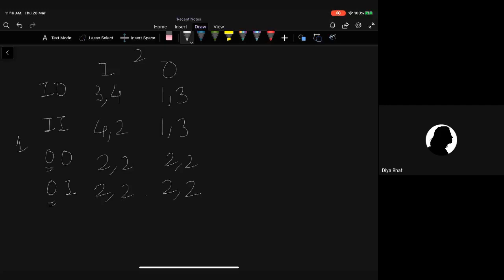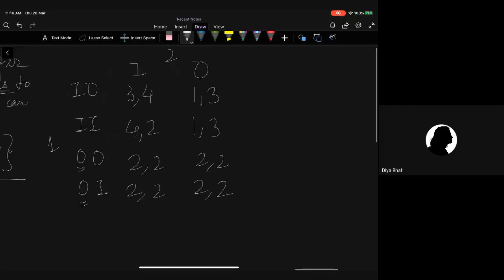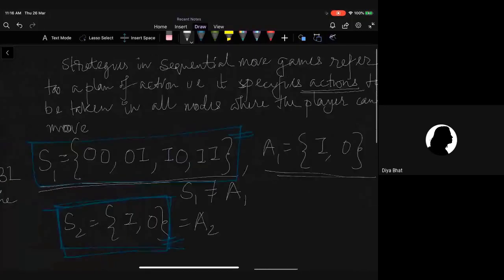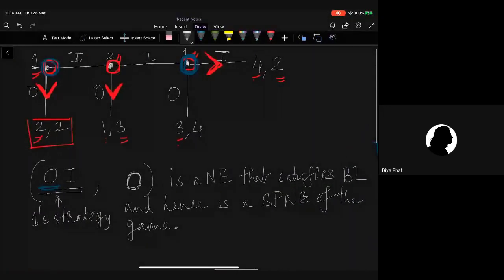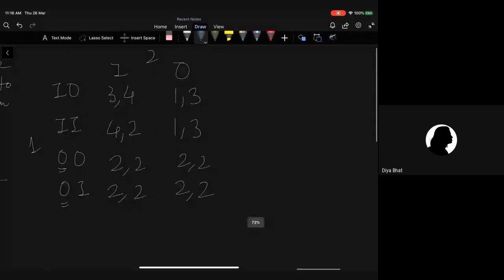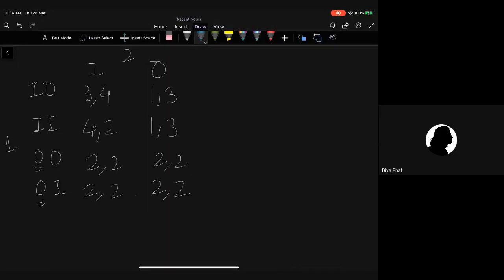Let me check whether our subgame perfect Nash equilibrium is indeed a Nash equilibrium or not. What is our identified SPNE? We identified OI, O as our SPNE. Let's check whether OI, O is a Nash equilibrium. Suppose two chooses O, then one has two best responses, OO and OI.